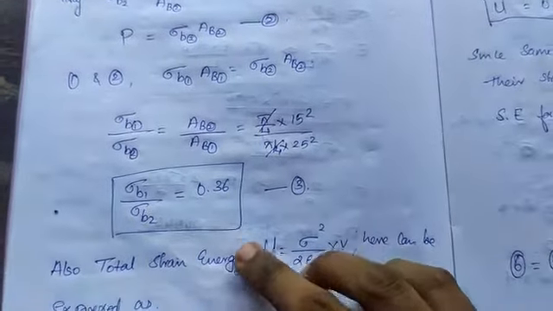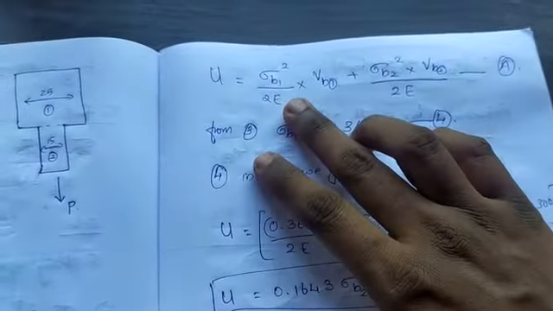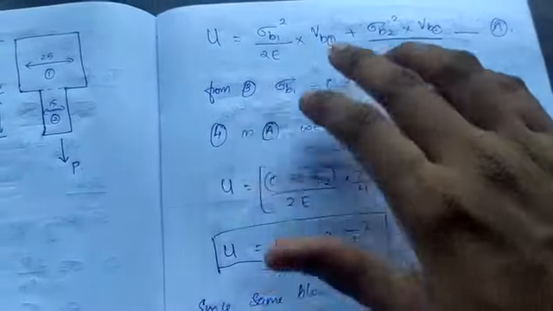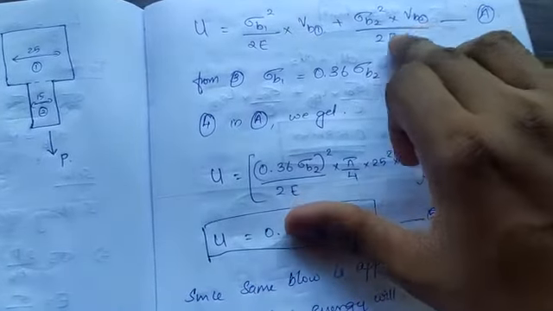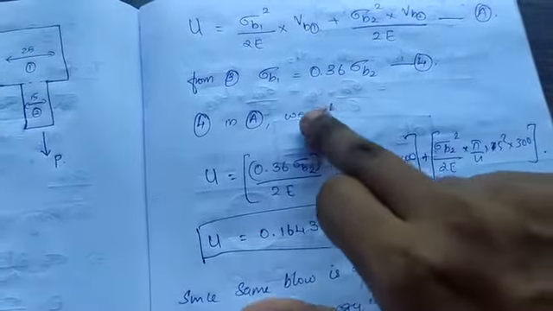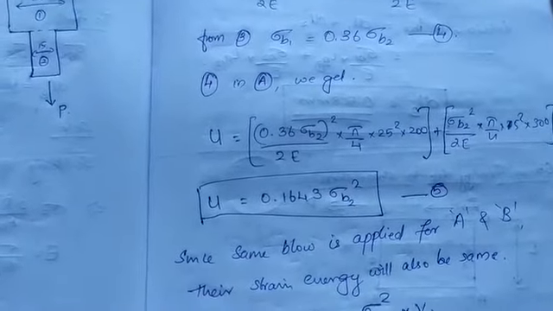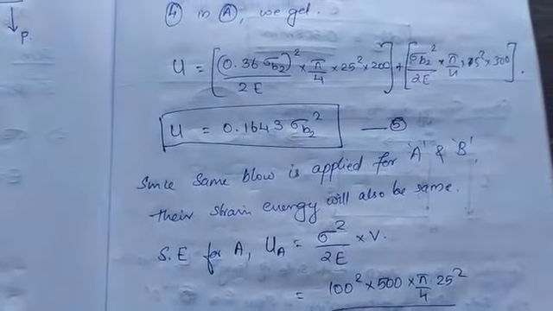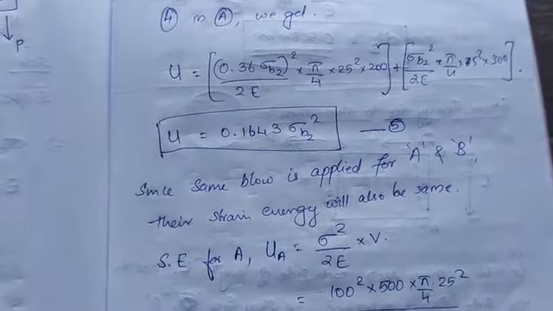Also we know that the total strain energy is sigma square by 2E into V. Here there are two sections, so the total strain energy will be the sum of the two sections: sigma B1 square into VB1 plus sigma B2 square into VB2, divided by 2E. From there you will get an equation in sigma B1 and sigma B2, and solving it you get U in terms of sigma B2. Since the same blow and the same load are applied, the energy will be the same.